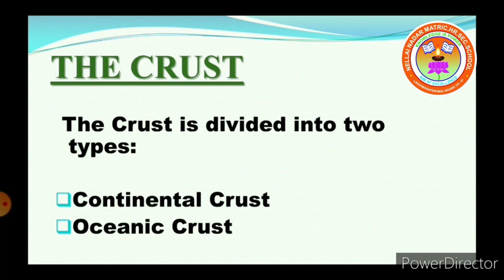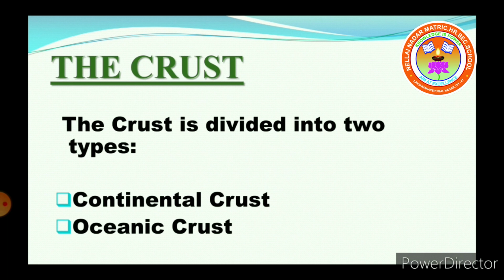Okay. There are two types of crust. First one, the continental crust. Another one, the oceanic crust. Continental crust: the surface area of the land is called continental crust. It is made up of both light and dense rock types.